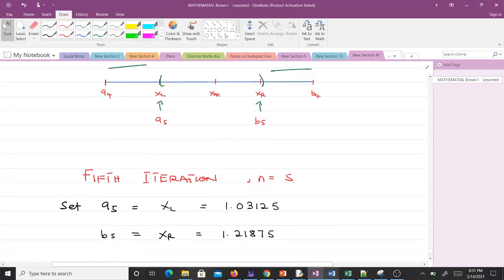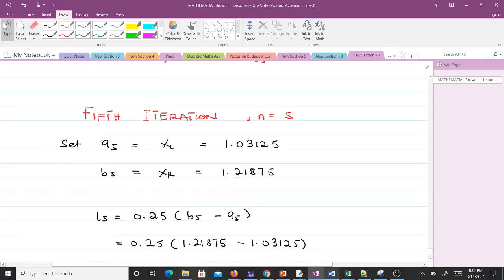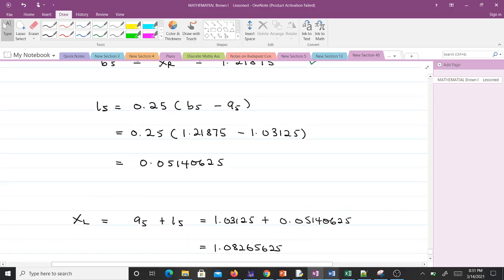That's n equals 5. So our A5 is equal to XL, which is this. And our B5 is equal to XR, which is that. So we compute L5. L5 will be 0.25 times B5 minus A5. Making substitution gives us this. Computing that gives us this.